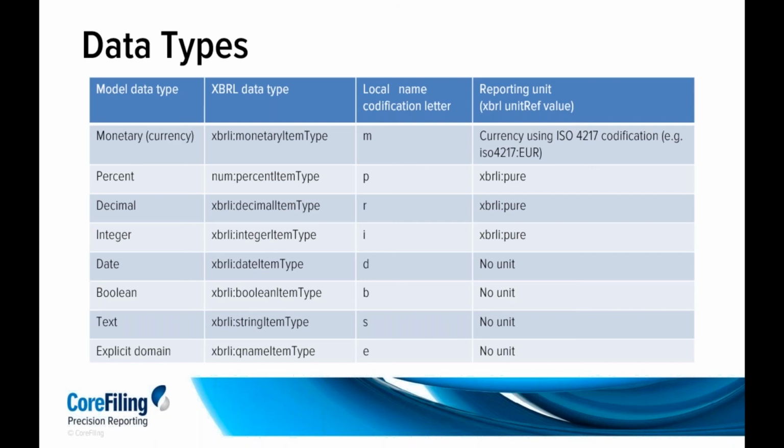Data types. I'm not going to talk too much about this, but you're hopefully all aware that there are a number of data types available in these taxonomies. I've given you a little cheat sheet here, which is taken from the CRD4 documentation. These are based primarily on software engineer data types with a few extra XBRL ones thrown in, such as monetary.